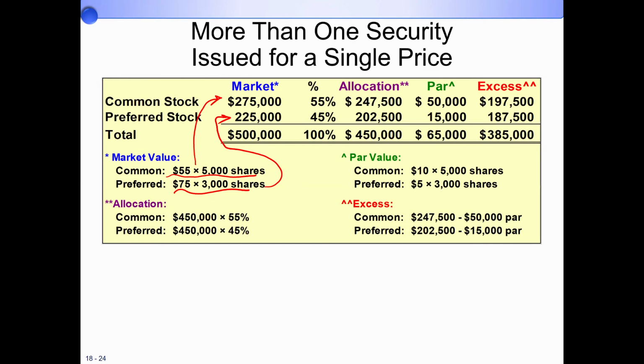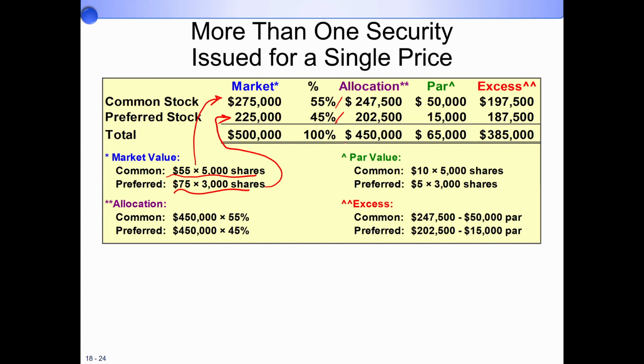So if you look at the common stock, you want to calculate the proportion, the percentage. You get 55%. How to get 55%? 275 divided by 500. And 225 divided by 500, you get 45%.